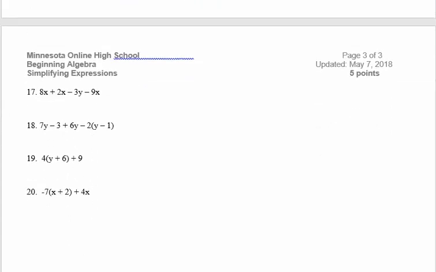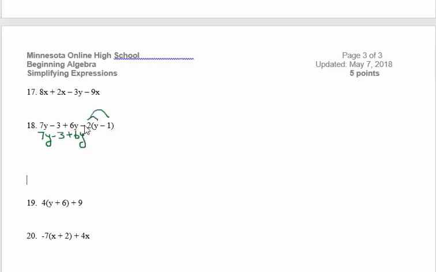And let's look at one more. Let's do number 18. So in number 18, I'm going to probably need some room on this one. The first part that I'm going to do is just rewrite these first 3 terms down, and then I'm going to do the distributive property. Now this one's tricky. We have a minus 2 times y, or you can think of that as being a negative 2 times y.